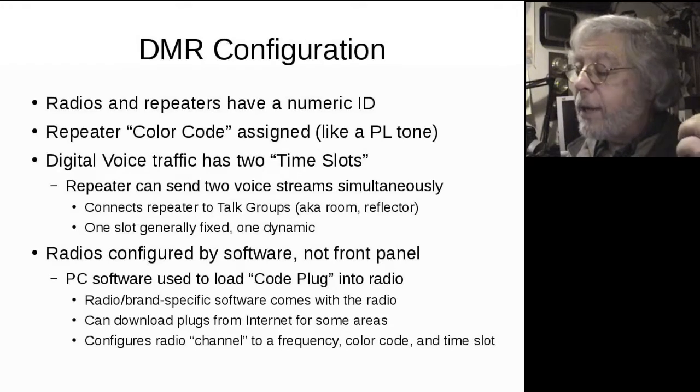So it's a doubling of the channels. In ham usage, typically one is fixed in and out, one is dynamic for connecting into the internet. That's kind of just a generality.